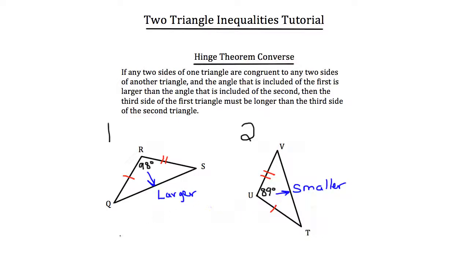To write that as an inequality, we would say that segment QS is going to be greater than segment VT. That is the converse of the Hinge theorem.